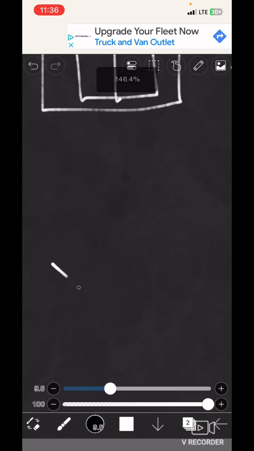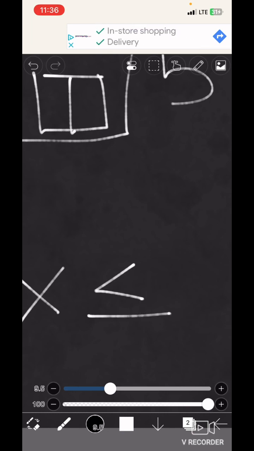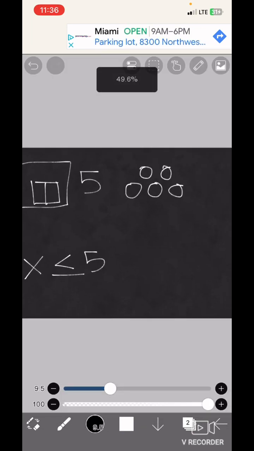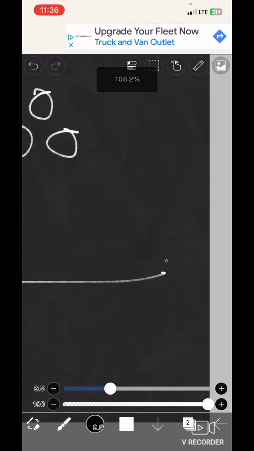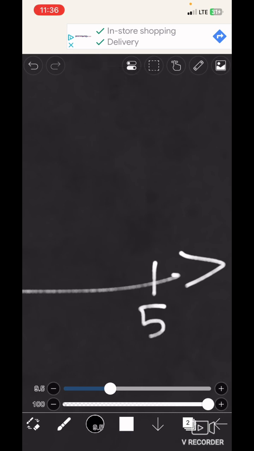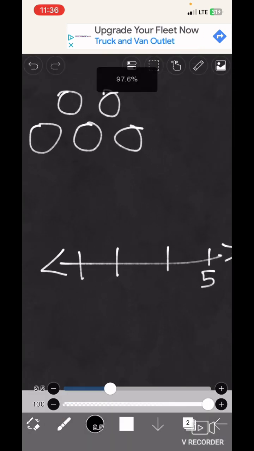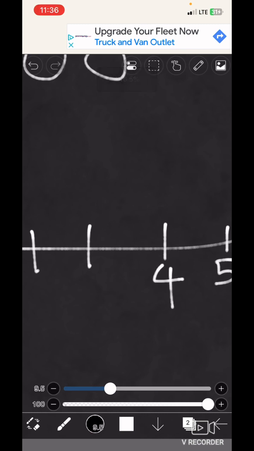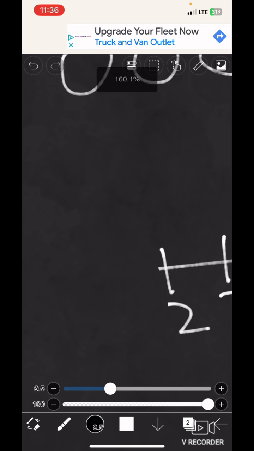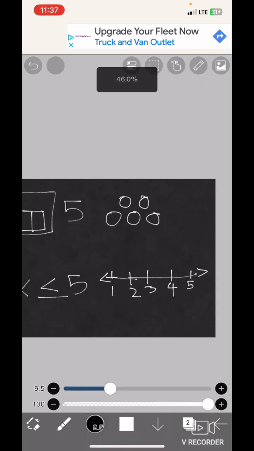So that means the elevator can hold less than or equal to 5 people. And when we use a number line, we can only use whole numbers to make the equation make sense. Using fractions doesn't make the equation make sense.